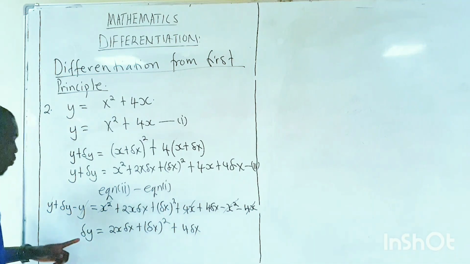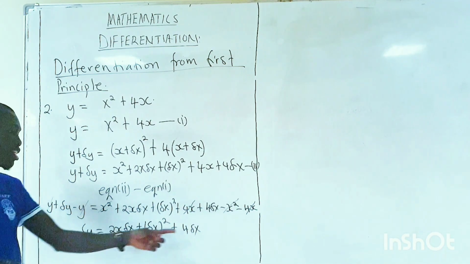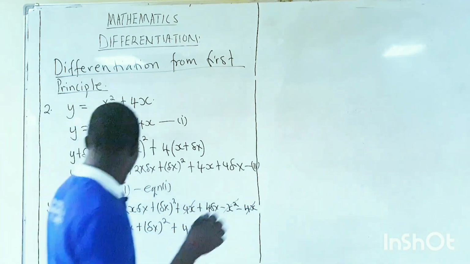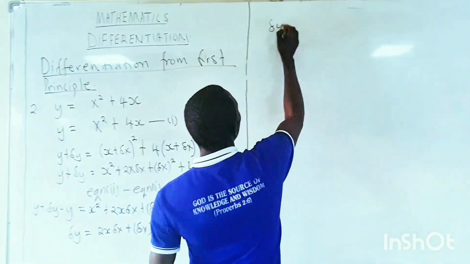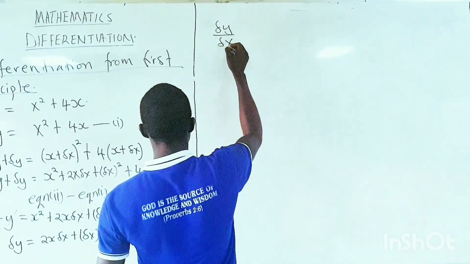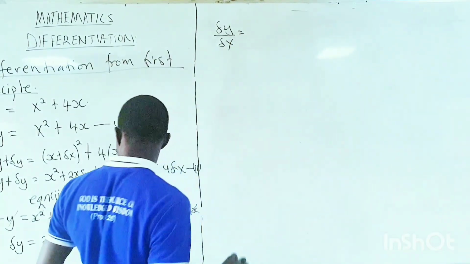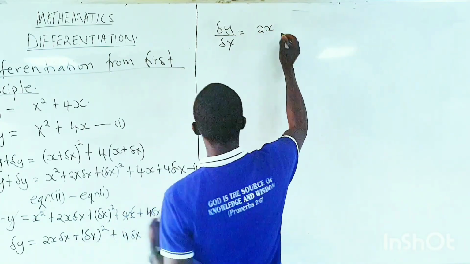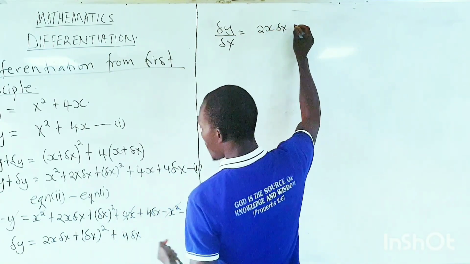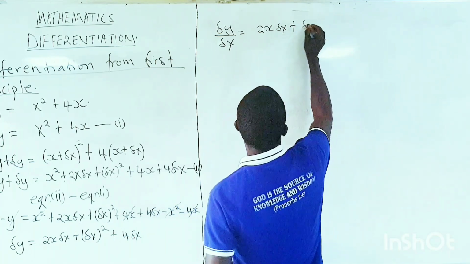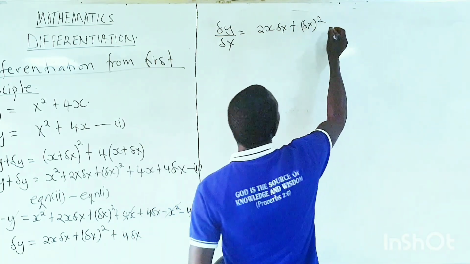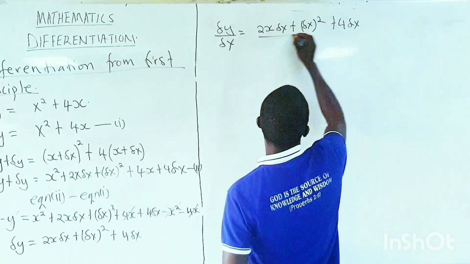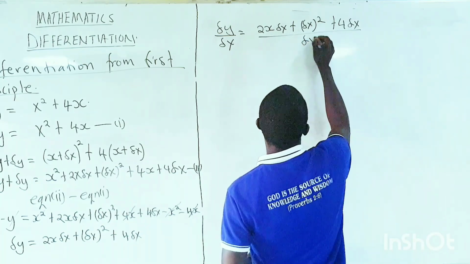From this step, we now go to the next step of dividing through by delta x on both sides. So we shall have delta y over delta x equals 2x delta x plus delta x squared, then plus 4 delta x, all over delta x.